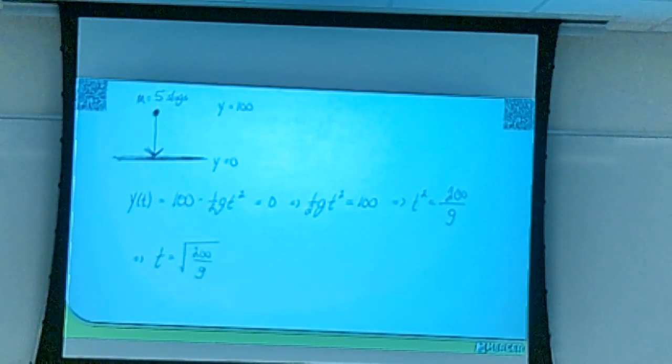For our purposes, time is non-negative, so we take the positive root. Square root of 200 over g. That is the exact time. If you use the approximation of 32 feet per second squared for g, you're going to wind up with that being about 2.5 seconds.